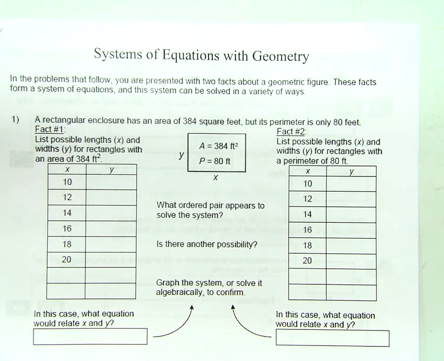A rectangular enclosure has an area of 384 square feet, but its perimeter is only 80 feet. So fact number 1, list possible lengths x and y for rectangles with an area of 384. How are we going to get the y values if we know the x values?